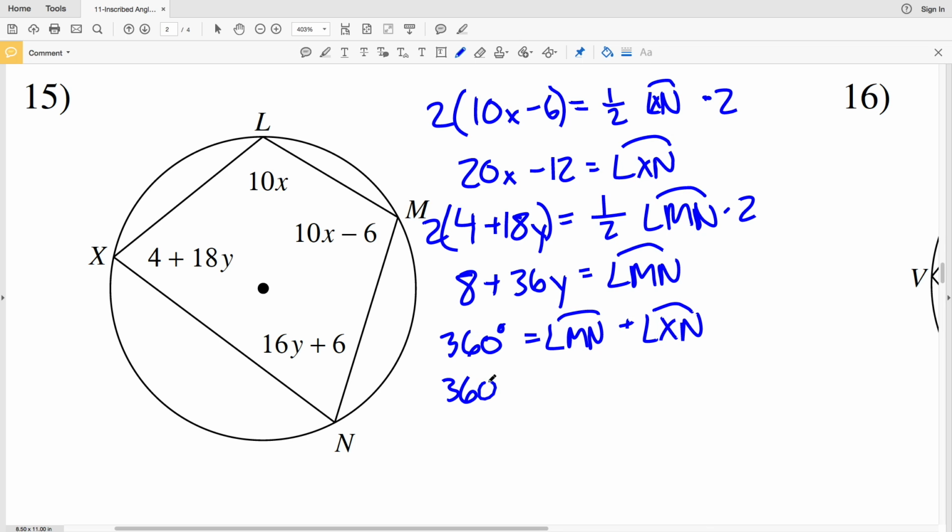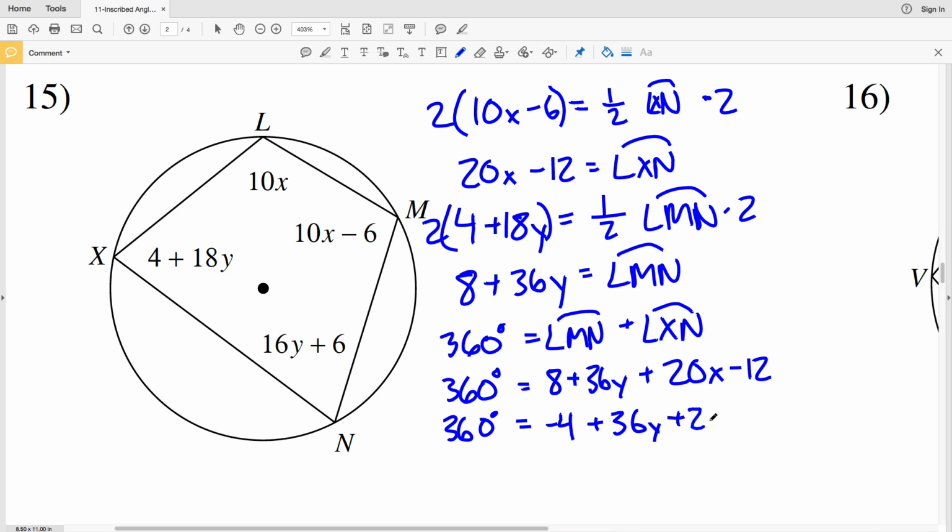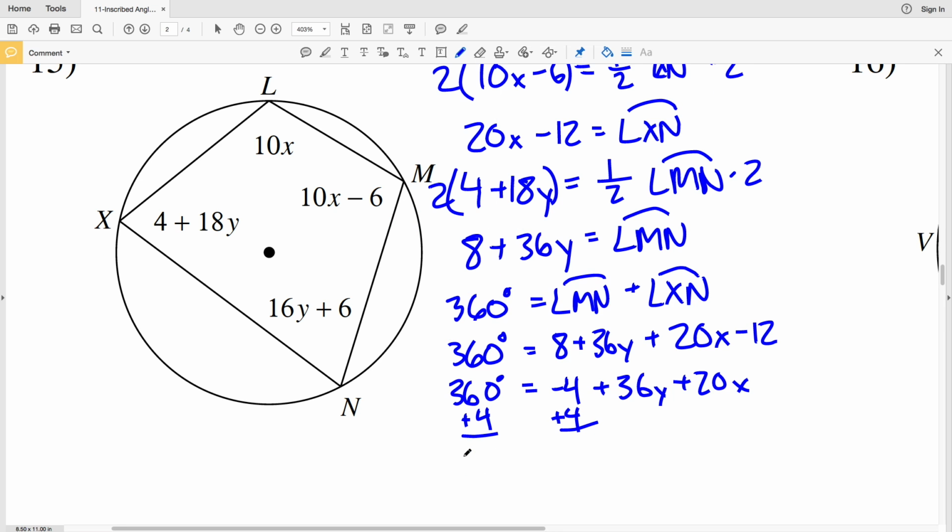So 360 degrees equals LMN of 8 plus 36y plus LXN of 20x minus 12. Combining my like terms, I'll get 360 equal to 8 minus 12, which is negative 4, plus 36y plus 20x. Adding 4 to both sides, I'll get that 364 degrees equals 36y plus 20x.